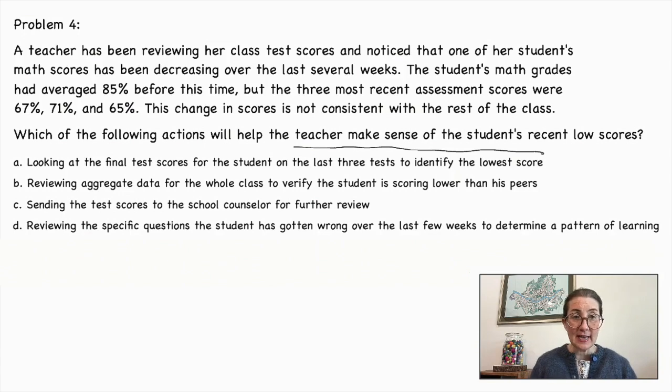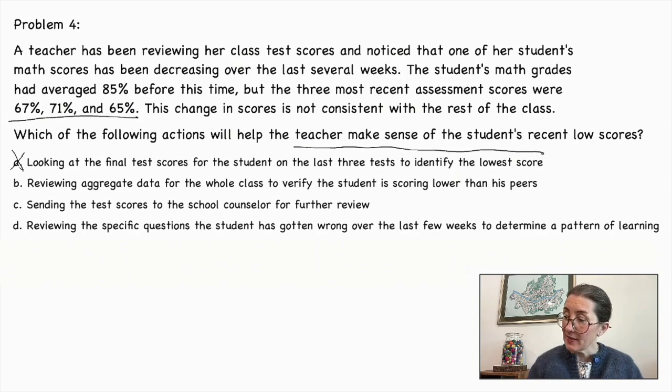Looking at the final test scores for the student on the last 3 tests to identify the lowest score. That's not going to make sense of why the student has these low scores. Additionally, the teacher has already done that, so we can eliminate that as a possible answer. Reviewing aggregate data for the whole class to verify the student is scoring lower than his peers.